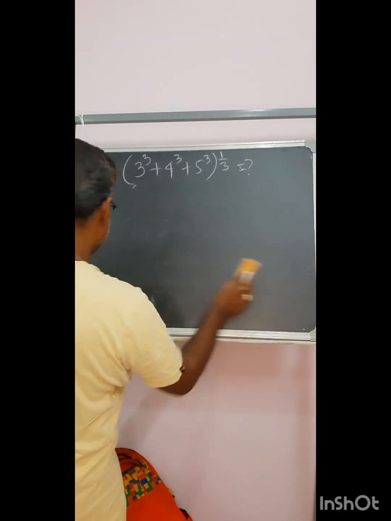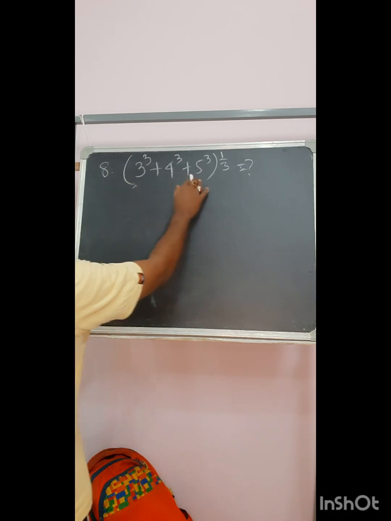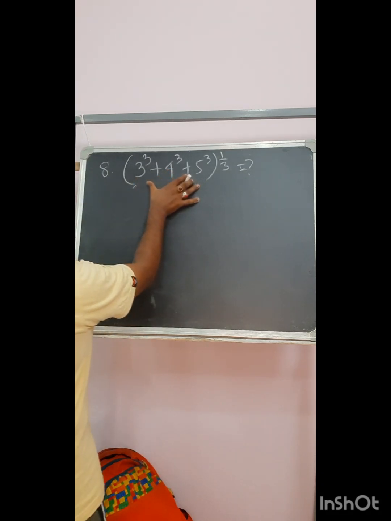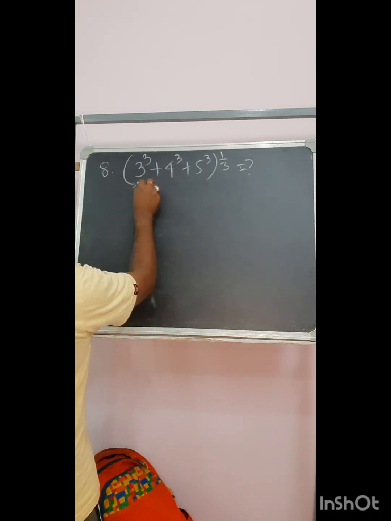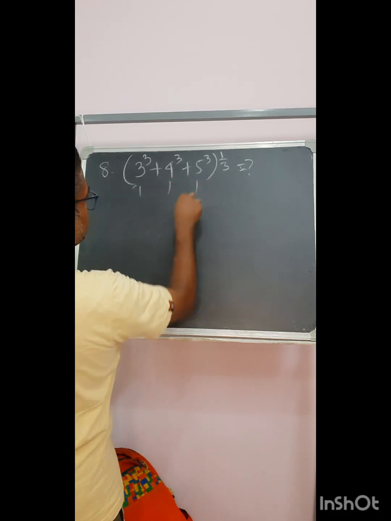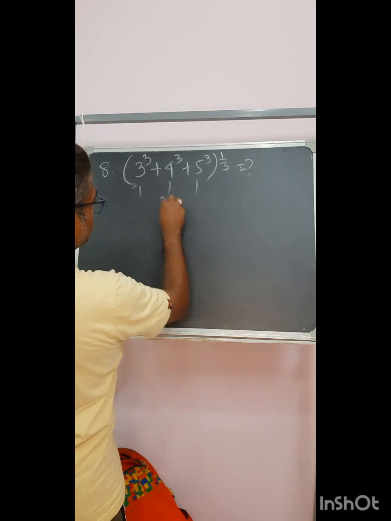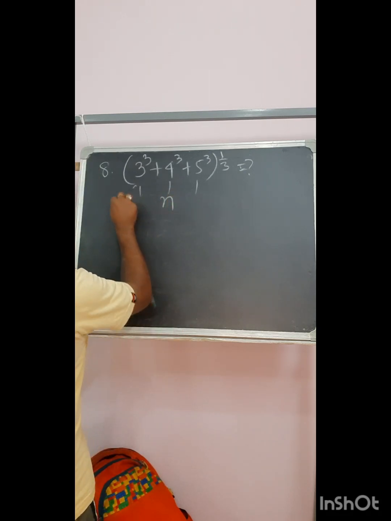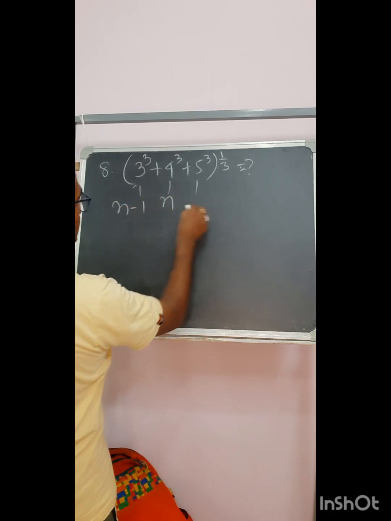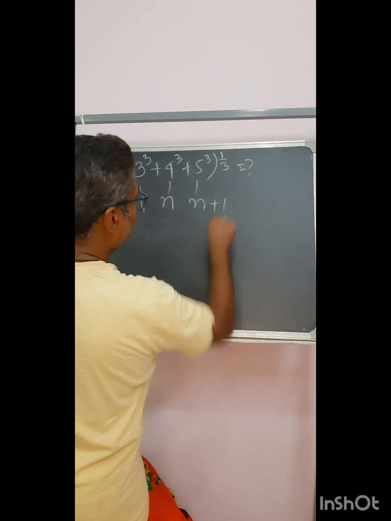There could be one possibility that this number may change, but if I take the pattern like that, this number in general terms, if I represent it as n, let's say this could be n minus 1, and this could be n plus 1.